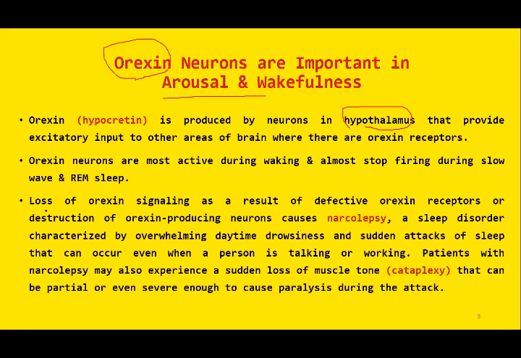Loss of orexin or hypocretin will result in excessive daytime sleeping, and we call this condition narcolepsy. The most common hypothesis for narcolepsy is loss of hypocretin neurons, which are very important for wakefulness. We will discuss the details of narcolepsy in the coming slides.